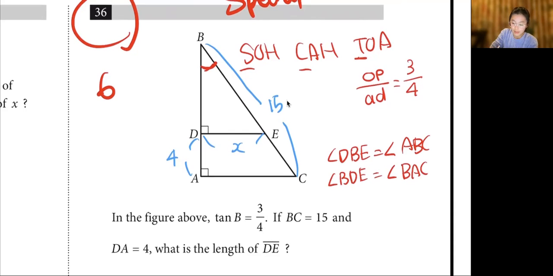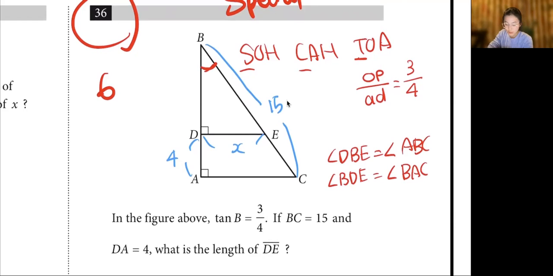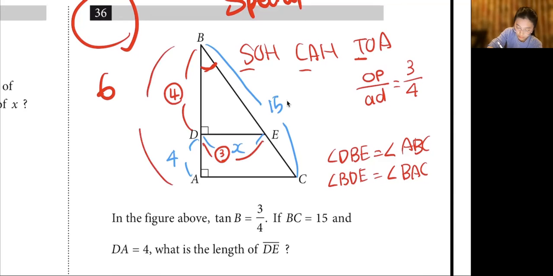With that in mind, the tangent ratio is the same for both triangles. The opposite is 3. Remember, I'm writing the ratios in red. And the adjacent, which isn't the hypotenuse, so be careful, I always make that mistake, is 4. But we also need to zoom out a bit and know that this whole thing is 4 and this whole thing is 3.